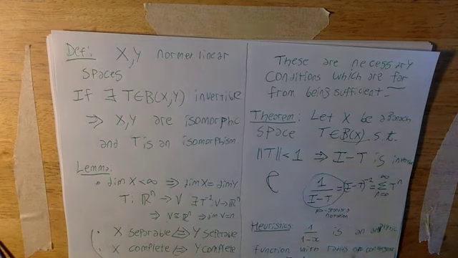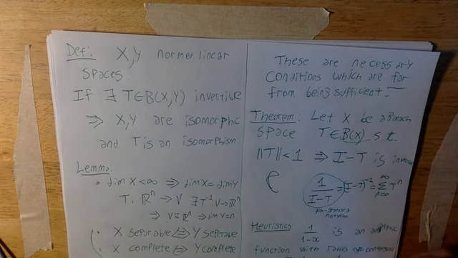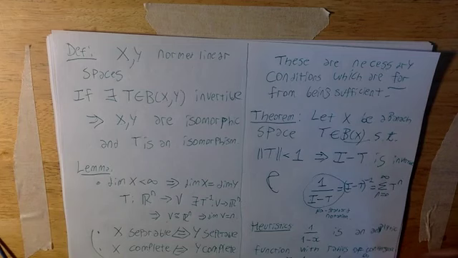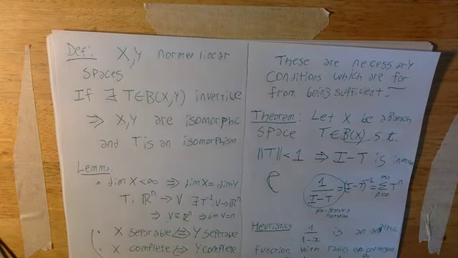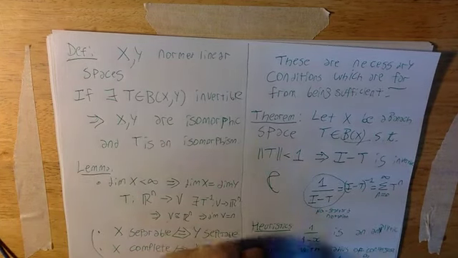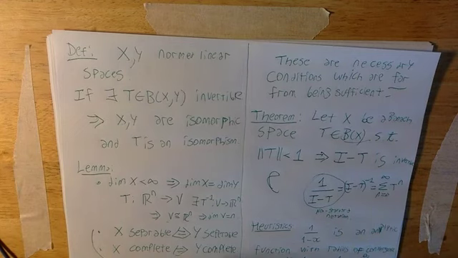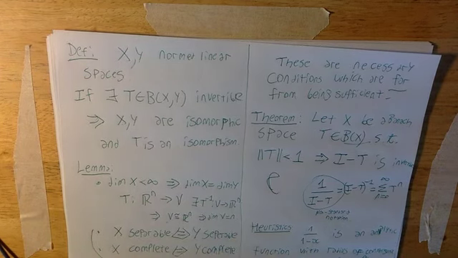By analytic function, it just means that 1 over 1 minus x is exactly equal to the sum from n equals 0 up to infinity of x to the n. So we can write this as this sum for every x which has modulus less than 1. So this guy is an analytic function.